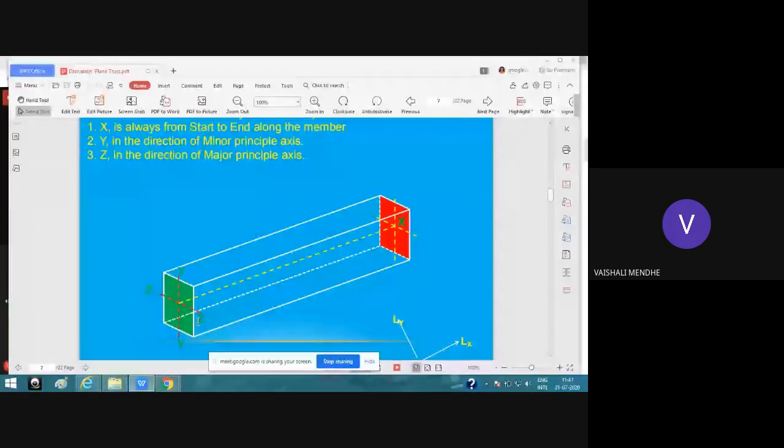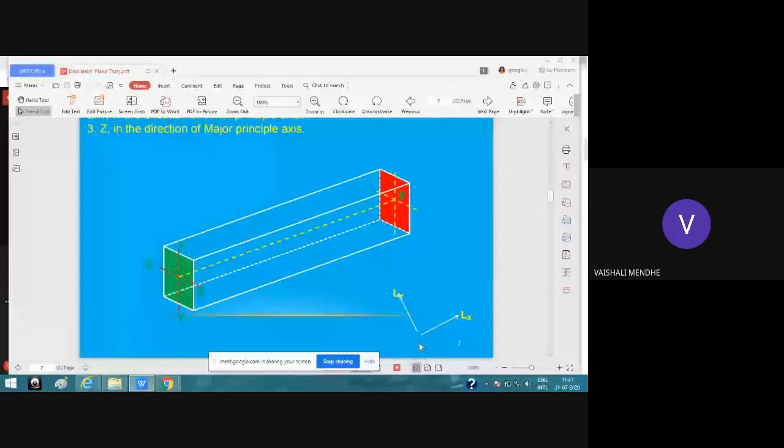But when we are going to analyze a plane structure, like a two-dimensional structure, there will be only Ly and Lx. That means the x-axis is along the member and the y-axis will be perpendicular to the x-axis. So for a two-dimensional force system, your local coordinate will be the local x axis or member x axis.